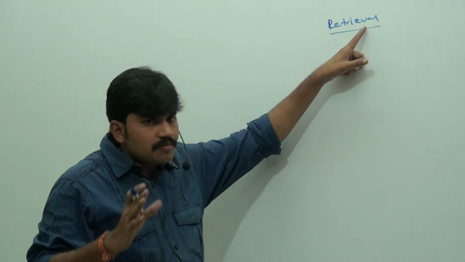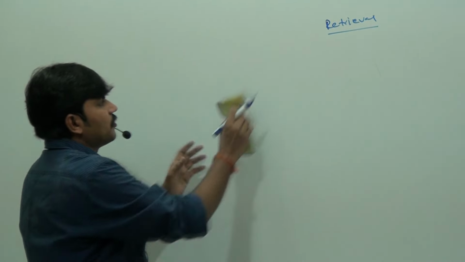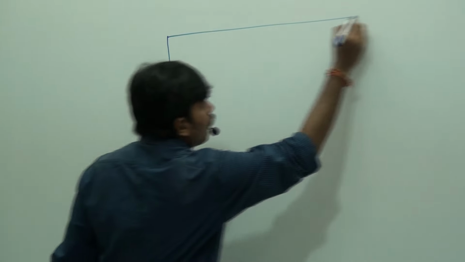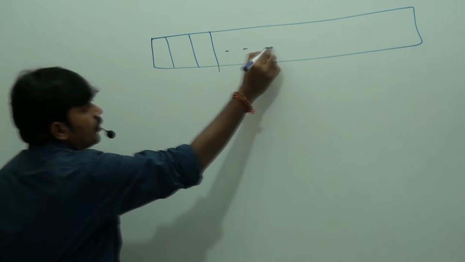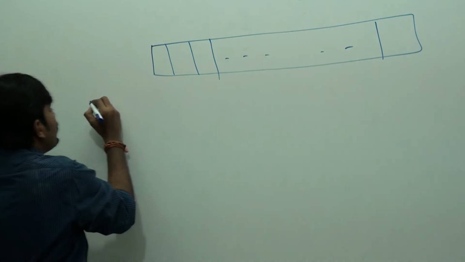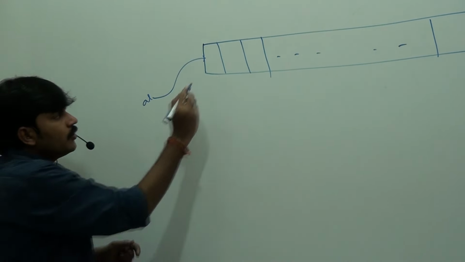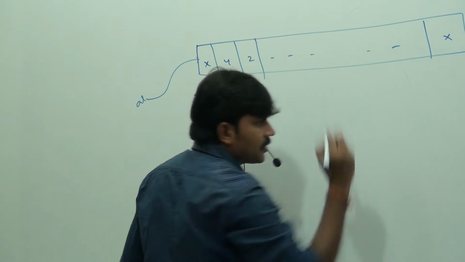But where is ArrayList the worst choice? There are some situations where ArrayList is the worst choice. Just observe this. Suppose my ArrayList contains 1 crore elements, x, y, z and so on.